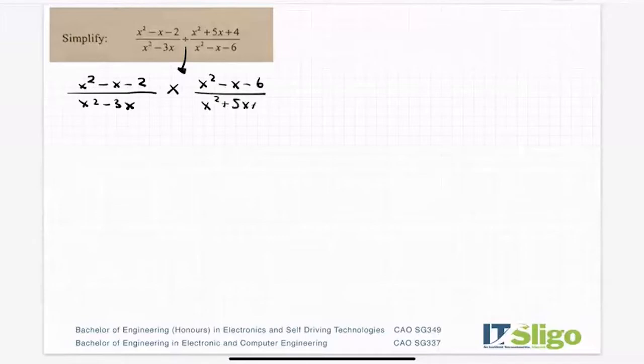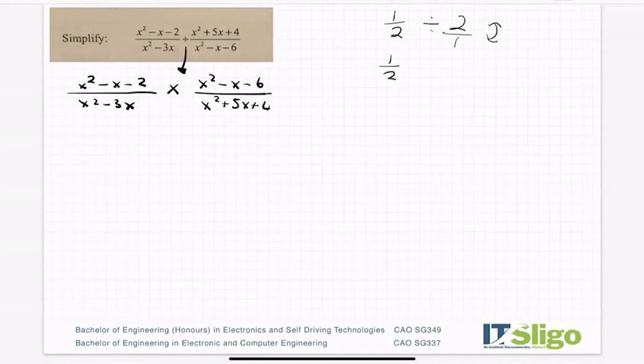Okay, so when you divided fractions, even as far back as National School, this is what you would have been doing. So if you have a half, for example, divided by 2, so just think of a pizza if you were going to divide that by 2. Okay, how does the maths of that work out? Well, the half, you invert this one. So 2 over 1 becomes 1 over 2, and the divide by changes to multiply.